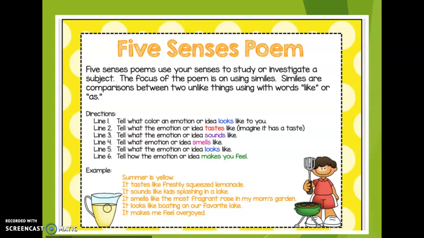On line 3, you have to tell what the emotion or idea would sound like. On line 4, tell what the emotion or idea smells like. Line 5, tell what the emotion or idea looks like. And then finally, on the 6th line, tell how the emotion or idea makes you feel.